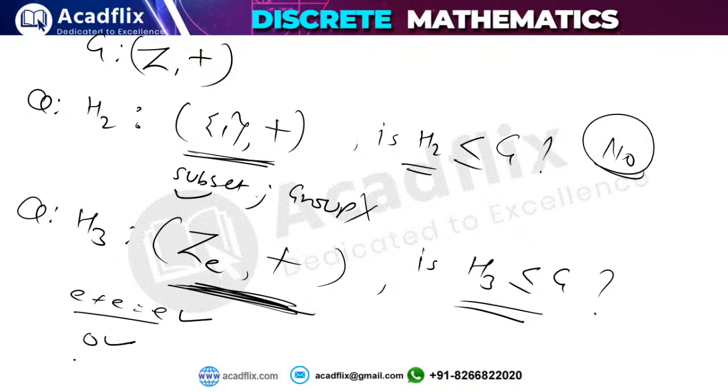And the inverse property is also satisfied because the inverse of 2 is -2, the inverse of 4 is -4, and so on. So this is how you can say that this is a subgroup. H3 is a subgroup of G. So this is how you can very easily find whether a group is a subgroup of another group or not.